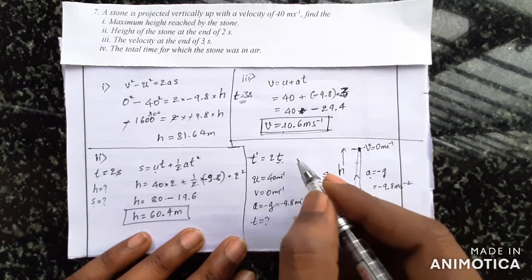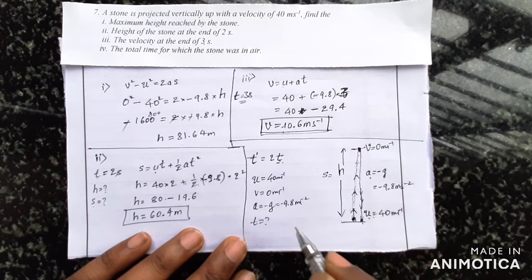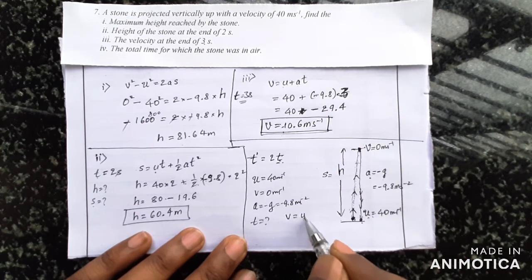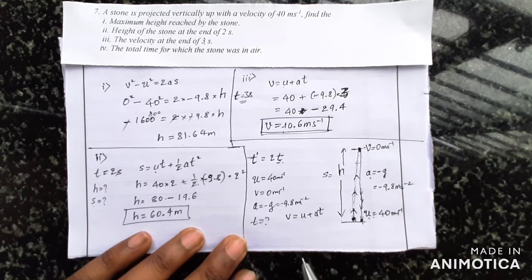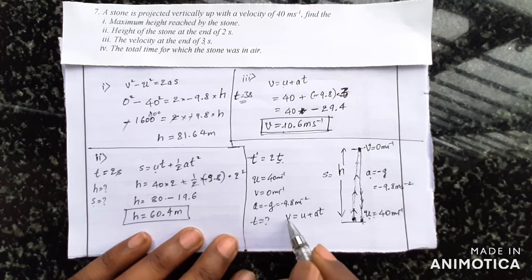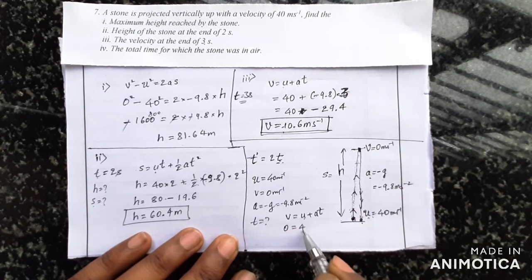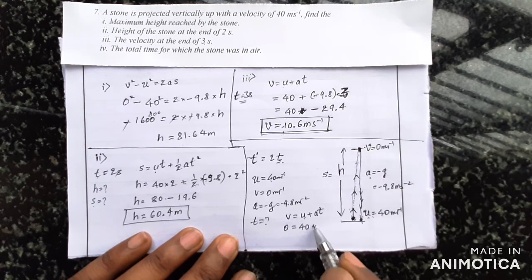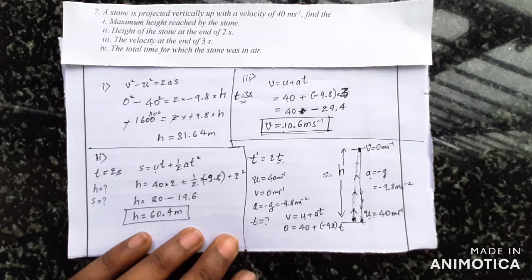Very simple, we have the formula, first equation of motion, v is equal to u plus at. What is v? Final velocity, which is 0, which is equal to u, which is 40, plus a is minus 9.8, t shall be found.